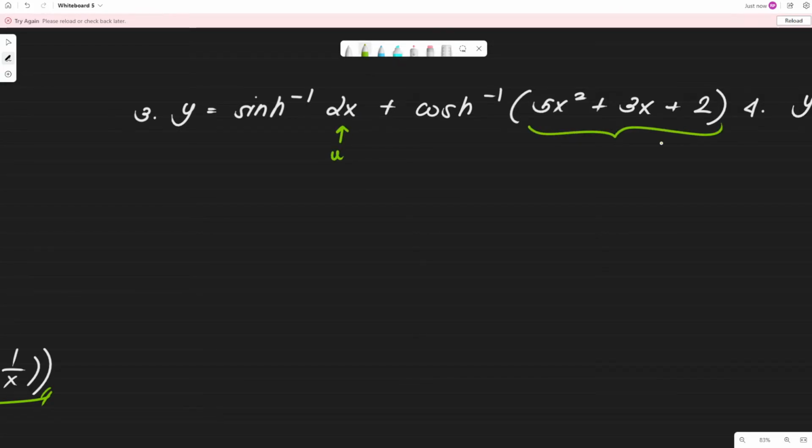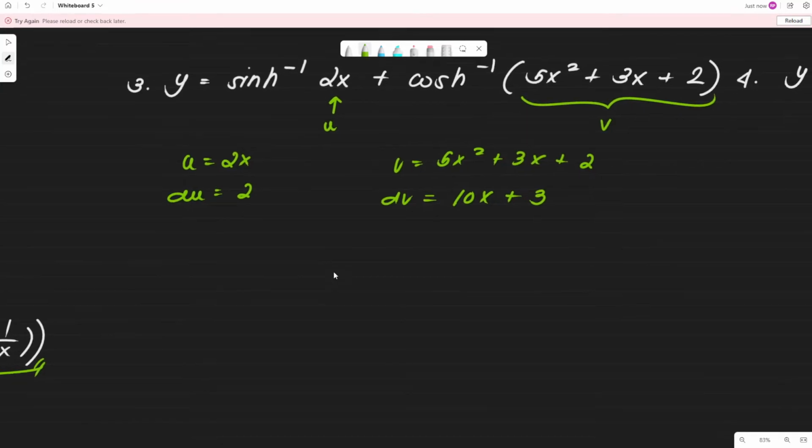This one whole is v. Laging ganun, kapag magkaiba yung internal functions, you assign different variables para hindi kayo malito. So we'll have u is equal to 2x, du is equal to 2. Then v is equal to 5x squared plus 3x plus 2. So, dv is equal to 10x plus 3.